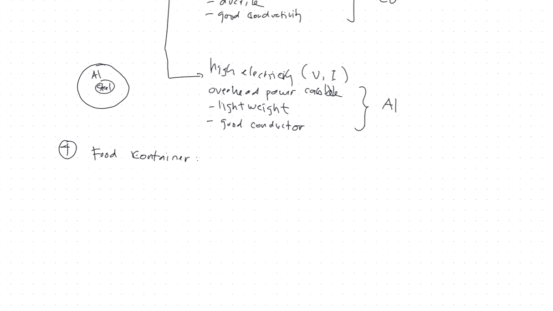The most important thing is that it's resistant to corrosion. You don't want your food to be stained with corroded metal, be it dissolved or in a solid condition, and then you digest that metal. You don't want that.